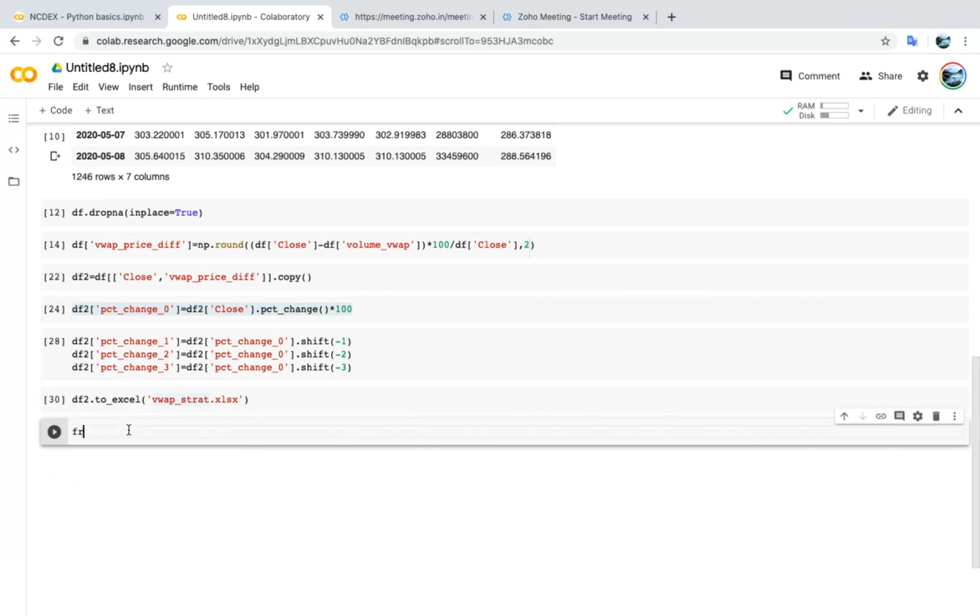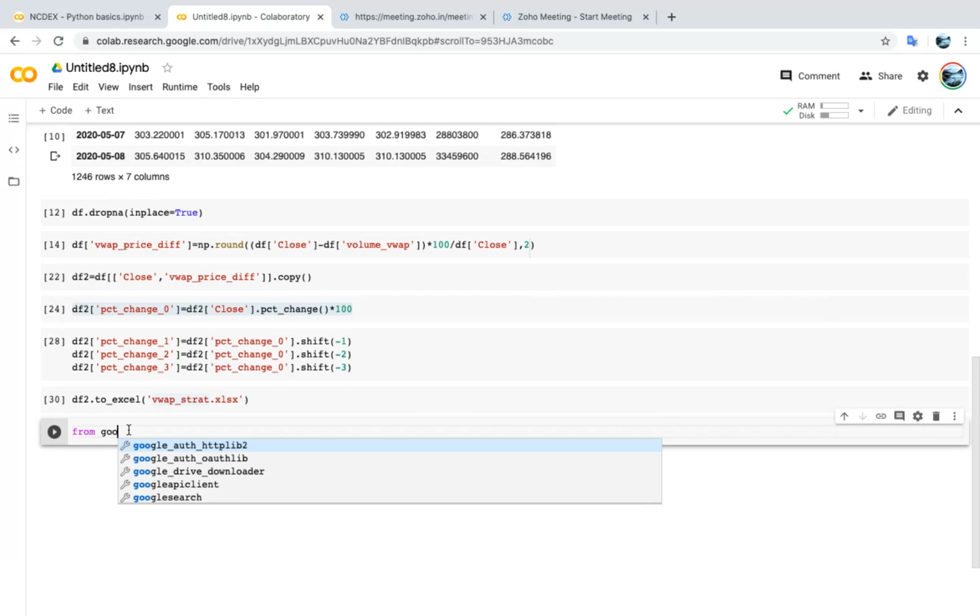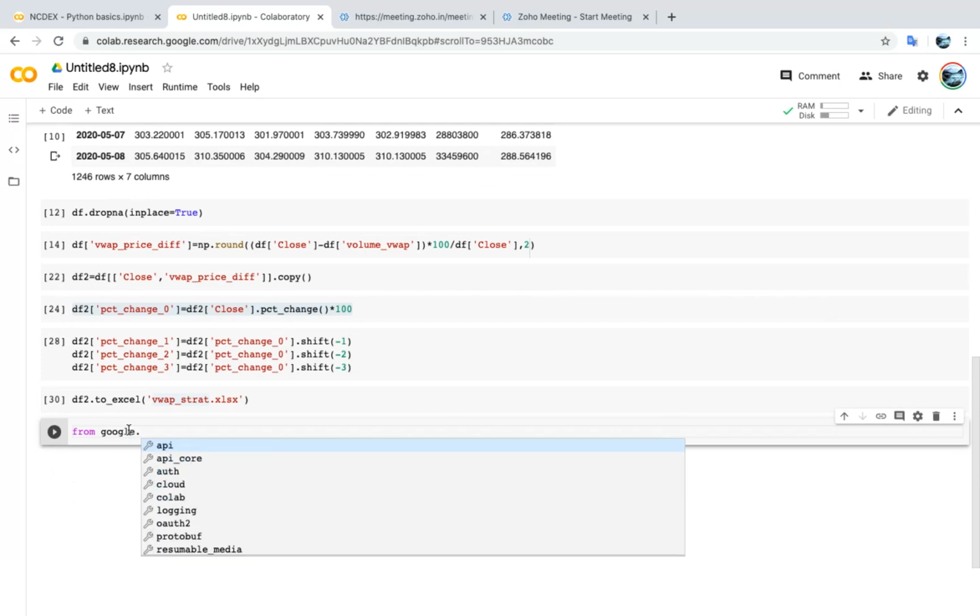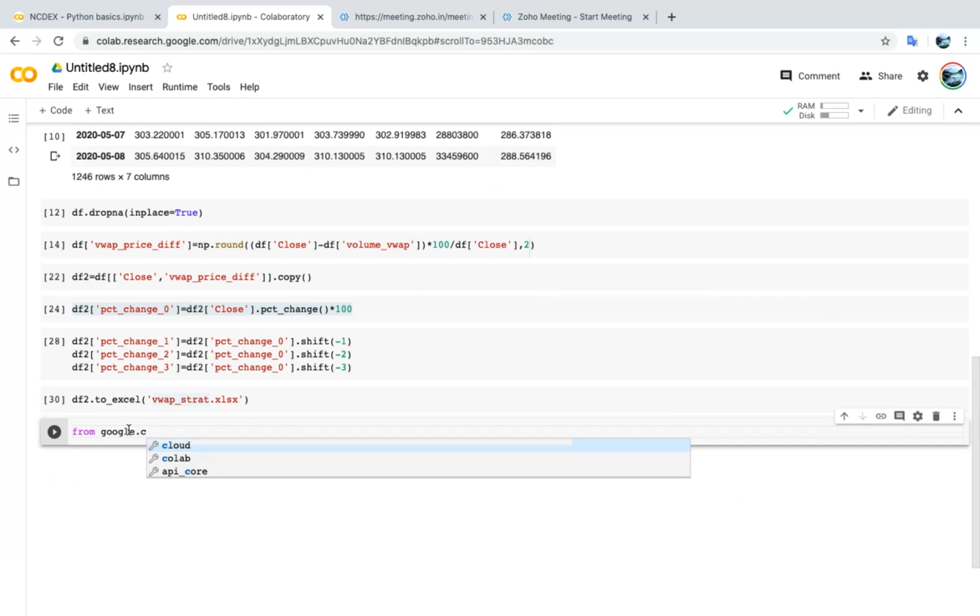For that, there is a library called google.colab, and files is a function.